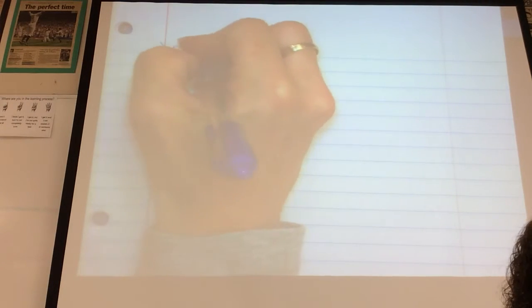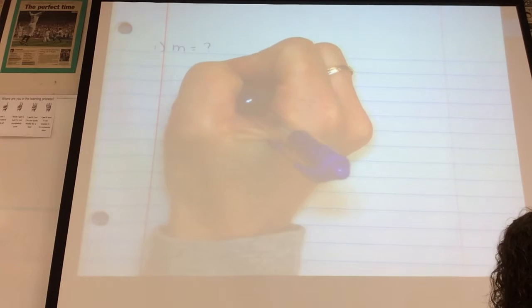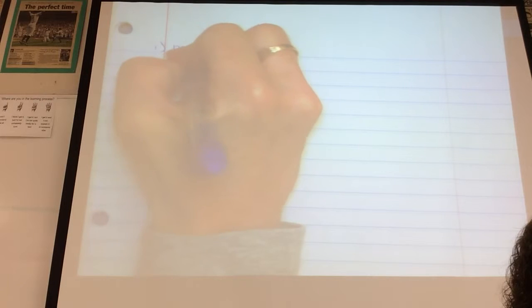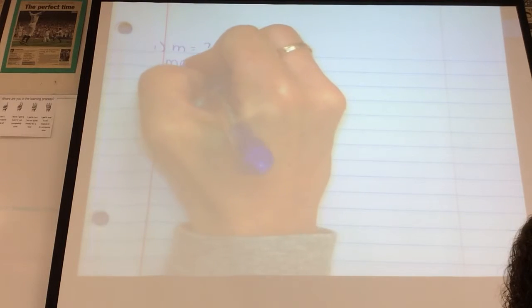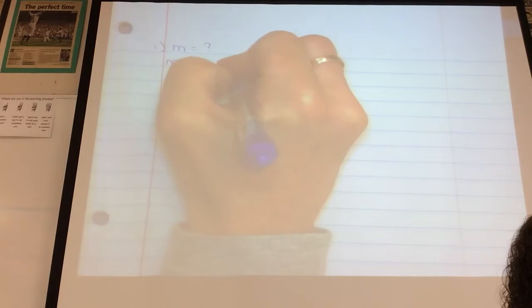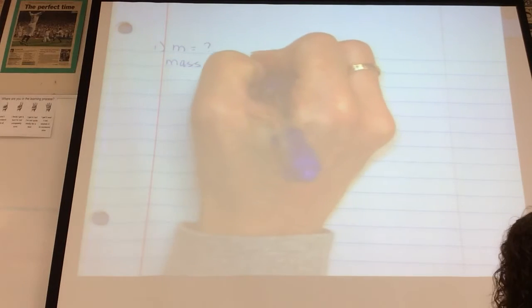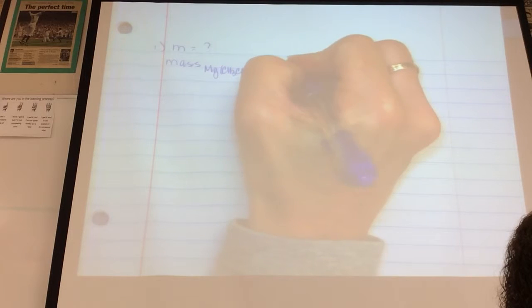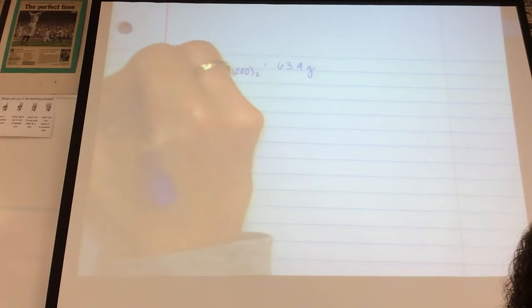Okay. So in the first problem, we want to calculate the molality. The mass of magnesium acetate is 63.9 grams, and the mass of water, this is the solvent, this is the solute, is 3,000.